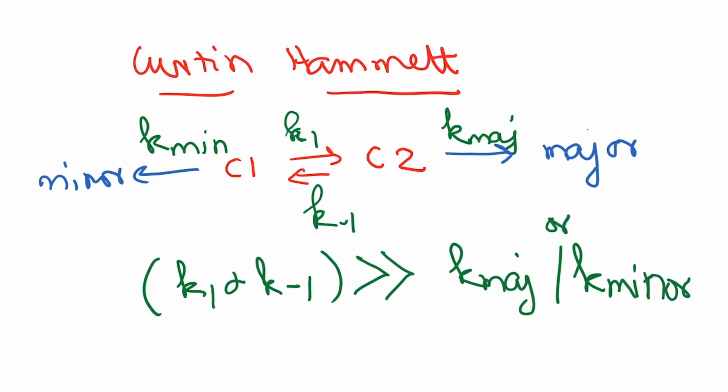Okay, so therefore what is important is that this conformation interconverting from here to here is going to be a really fast process, right? And so the product distribution is actually dictated by the value of K major, which is going to be higher the value, the more of the major product that's going to be formed. Okay, so with this background, now we need to start looking at the formation of the two products when we add lithium aluminum hydride to that carbonyl compound.